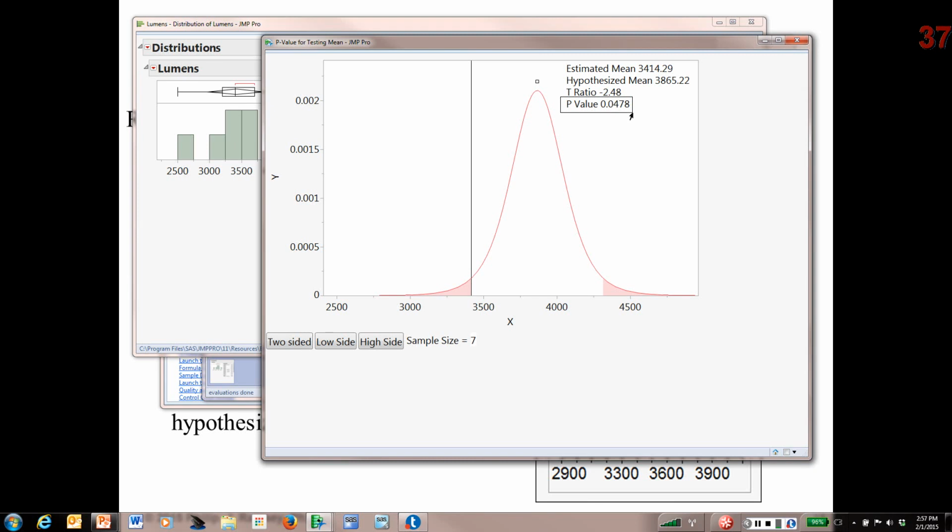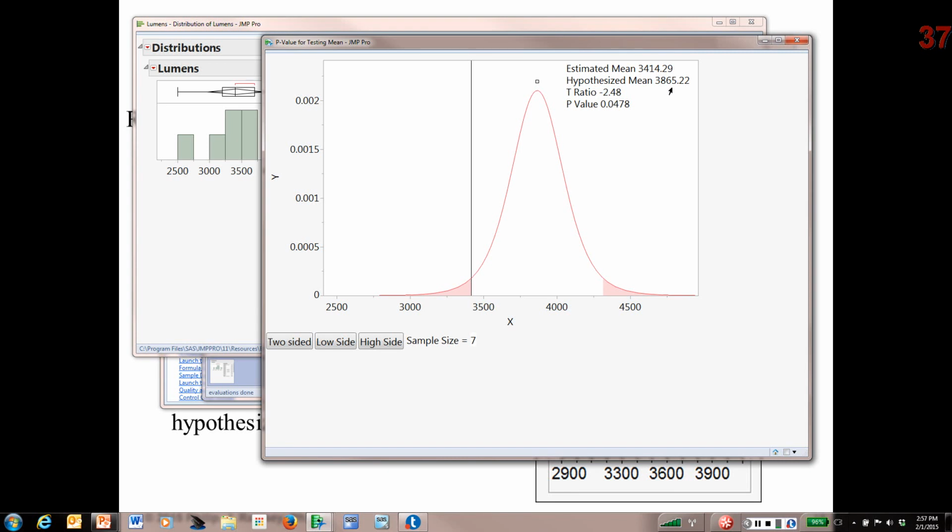0.0, well, let's round it off, 0.05. Okay, so we're really in a borderline situation in terms of rejecting the null hypothesis. Our p-value is close to 0.05, but notice that this indicates there's now a bigger discrepancy between the sample average and the hypothesized value. They're farther apart.